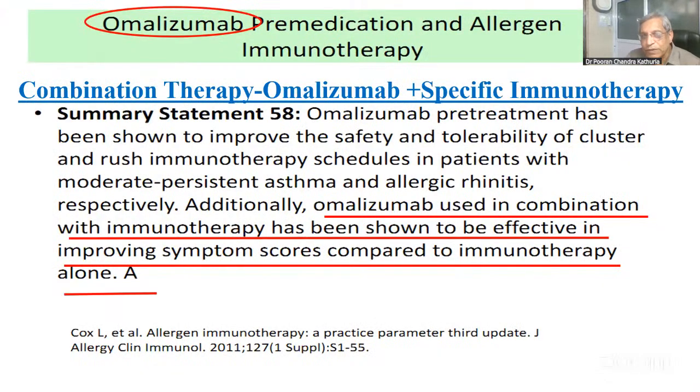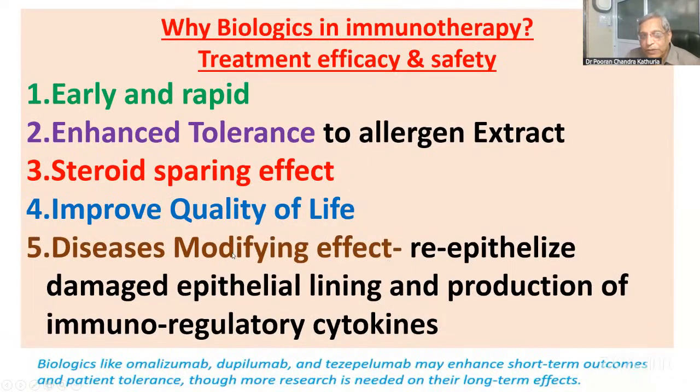It was first used in the 2011 practice parameter, which says that omalizumab used in combination with immunotherapy has been shown to be effective in improving symptom score compared to immunotherapy alone. It induces an early and rapid response to the symptoms, and induces enhanced tolerance to the allergen extract.